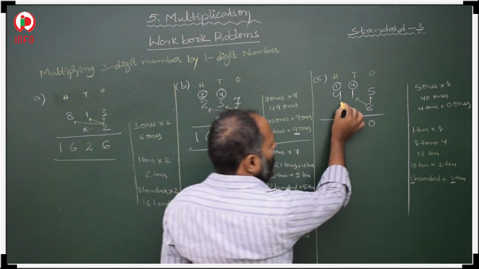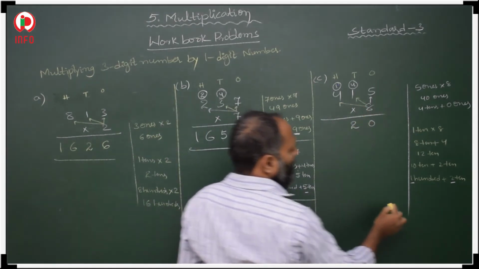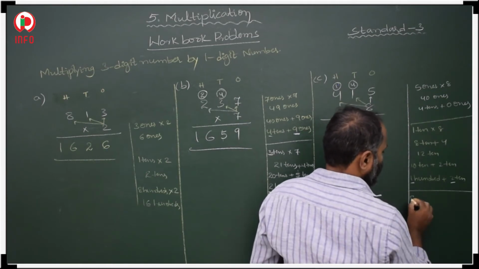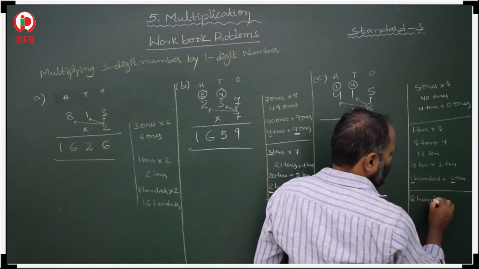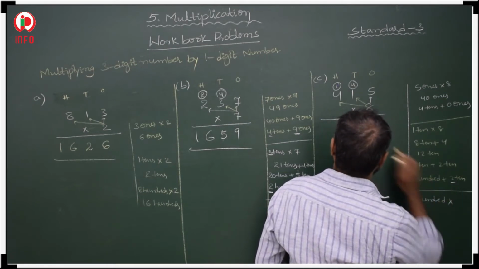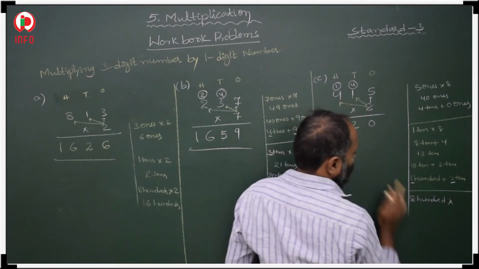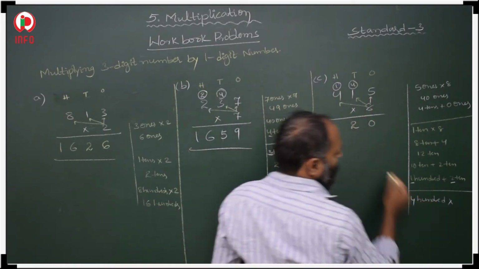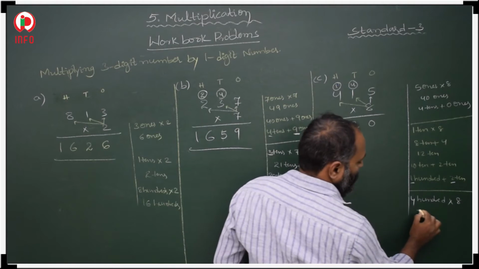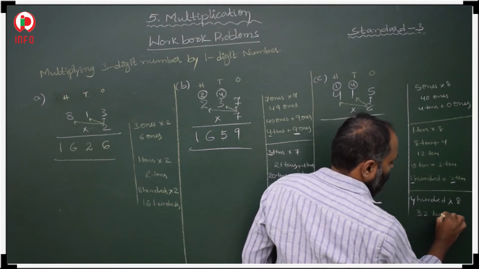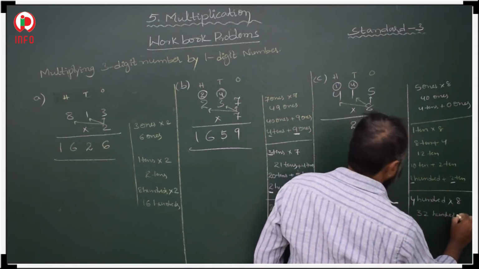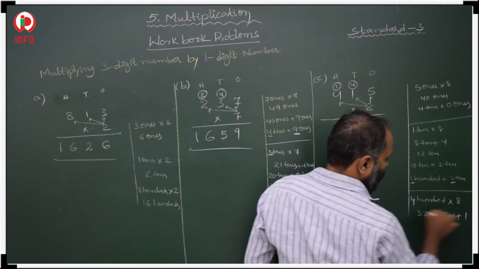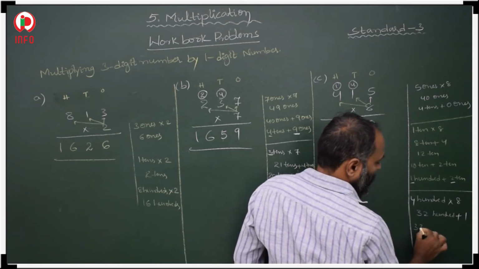Now 800 with 400 here. How many hundreds are there here? 4 hundreds. You take here 4 hundreds. 4 hundreds with 8. 8 fours are 3200. 3200 plus here 1 is there, or 32 plus 1, 33, 3300.